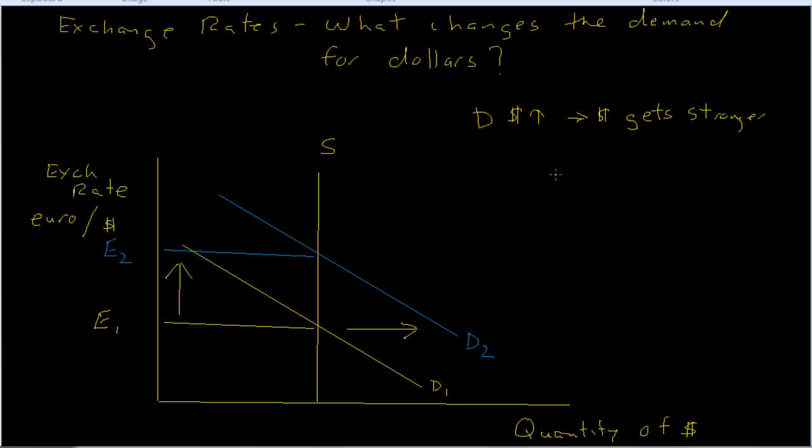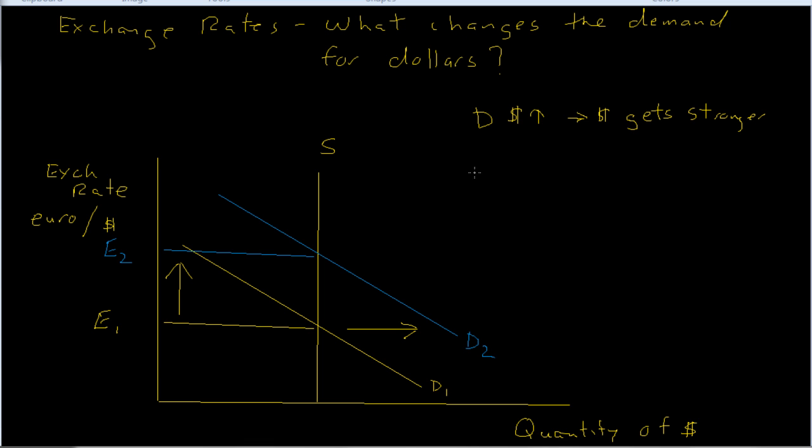On the other hand, it's also more expensive for a European to buy American goods. So sometimes you'll hear this argument from companies that do a lot of exporting in the U.S. that the dollar is too strong, that's why nobody is buying our cars or our goods. They're too expensive. Now, what causes demand to go up?